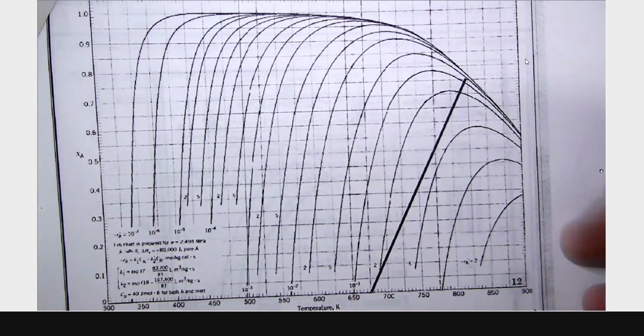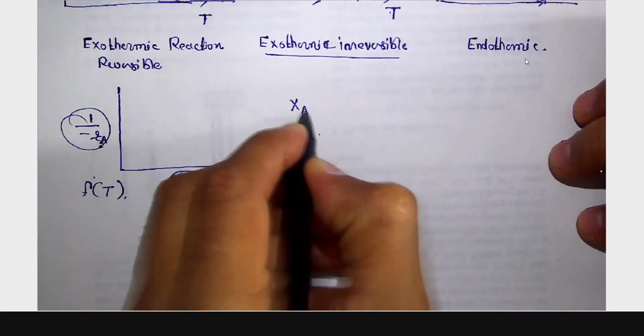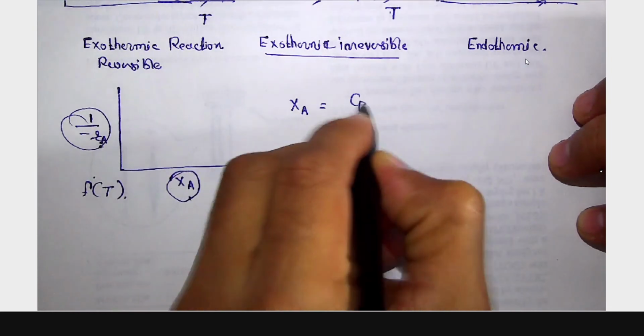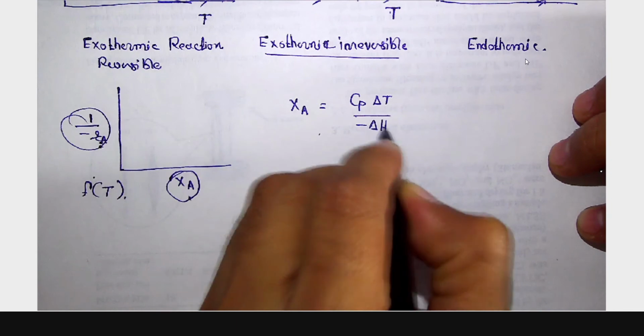This is for the optimum temperature progression, and you can see that there was an equation that you might have seen: XA is equal to Cp delta T upon minus delta H. Is it?